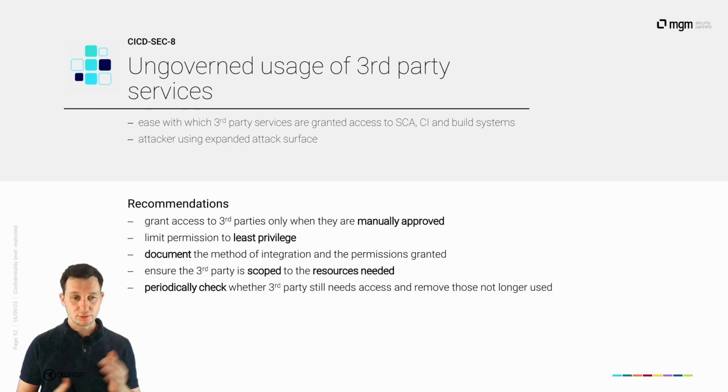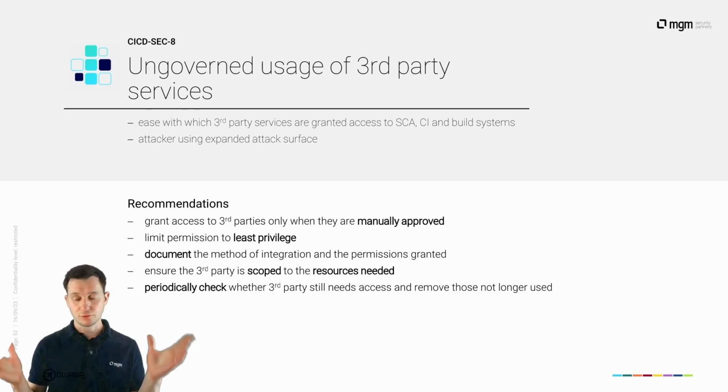So what are the recommendations to not have this problem? The recommendations are to use third-party components, software, scripts, whatever, only when they are manually approved. Give them least privilege.